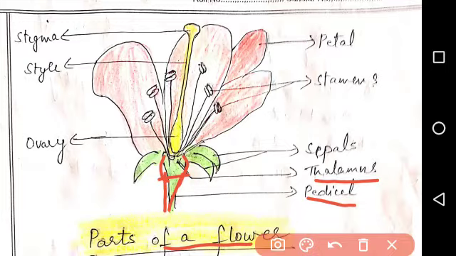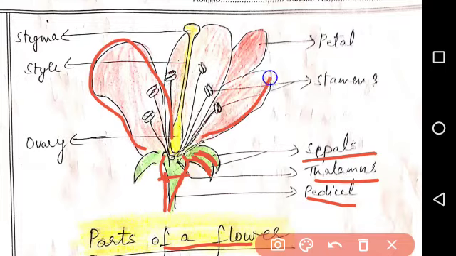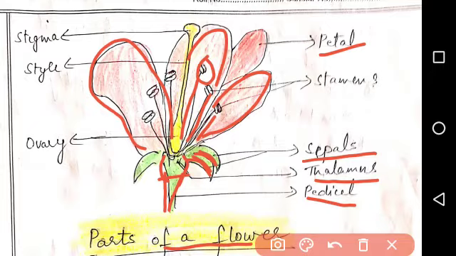Next, these green colored small leafy structures are called sepals, over which are the colored parts, called petals. Then here we can see long thin thread-like structures with knob-like structures on them. These are called stamens.